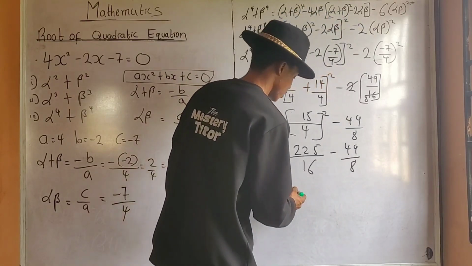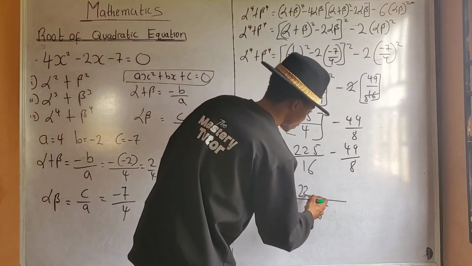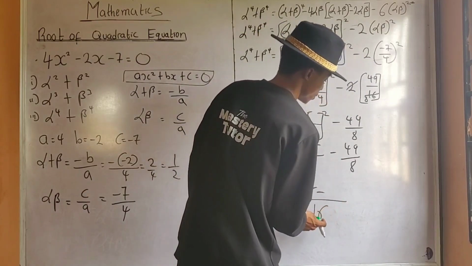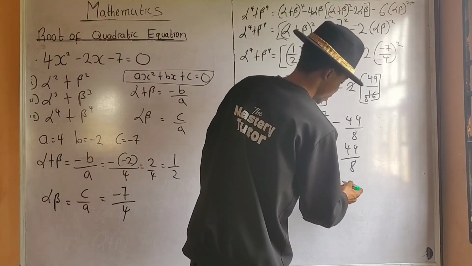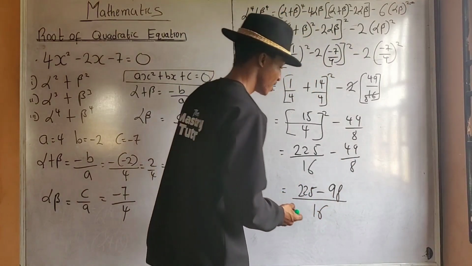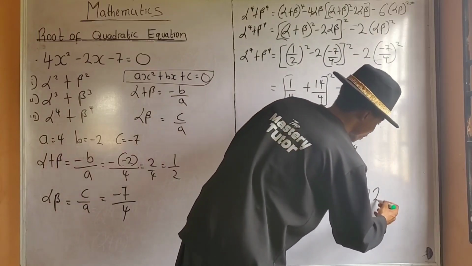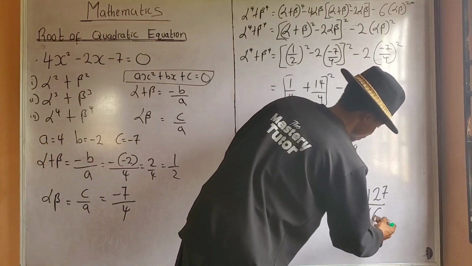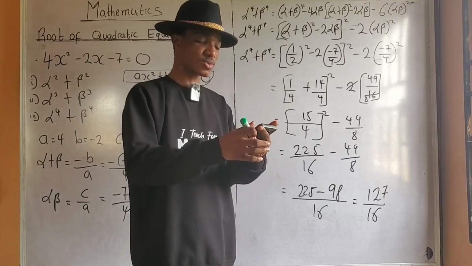The LCM is 16, so I'm going to have this 16. 225 minus, 16 over 8 is 2. 2 times 49, that is 98. Are you following? Okay, so 225 minus 98, that is 127. So I'm going to have 127 all over 16. Are you getting it? Which is the answer that we are asked to find.